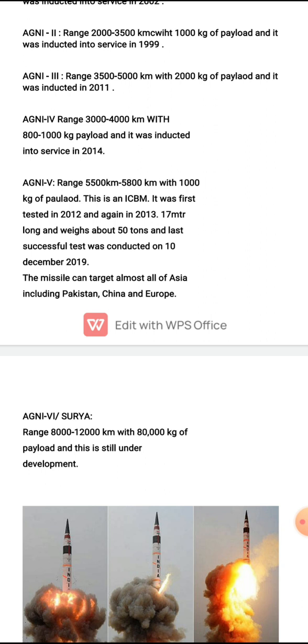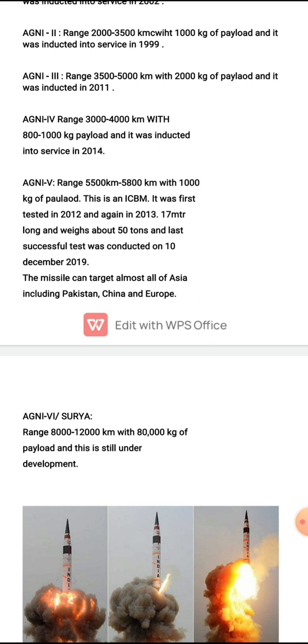The USA has also developed it and is in the testing trial phase, but it has not successfully been able to hit the target. So Agni 6 or the Surya missile, India is also working on the hypersonic missile program.